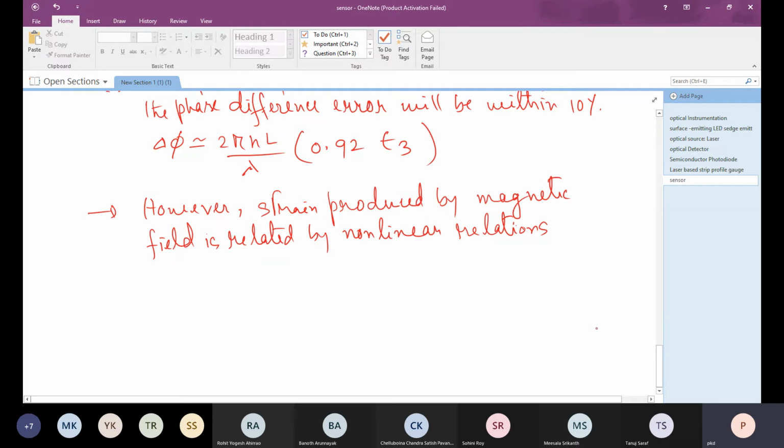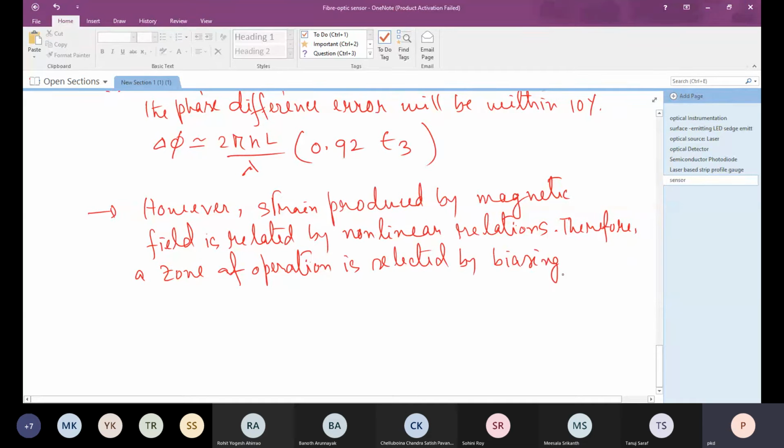So therefore, generally, a zone of operation is selected by biasing the AC magnetic field, AC or DC, whatever, by biasing with the constant magnetic field.